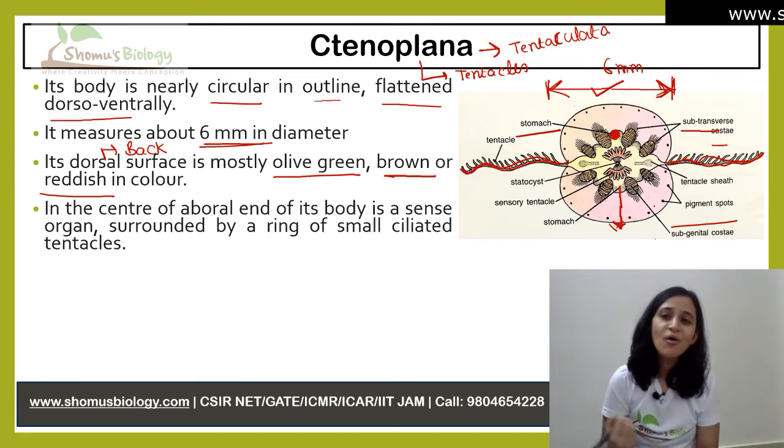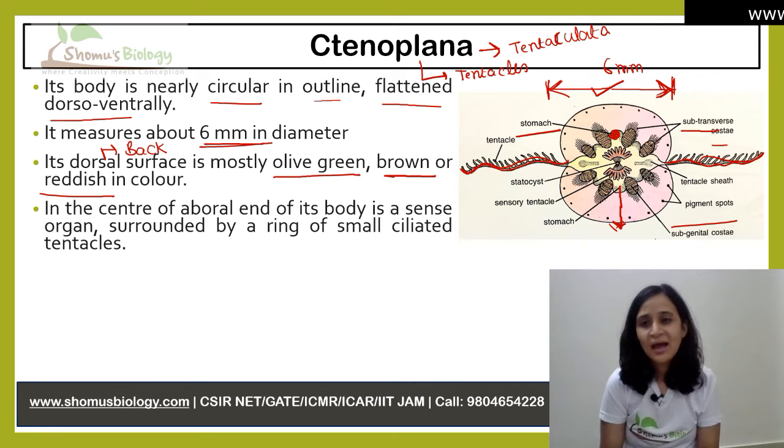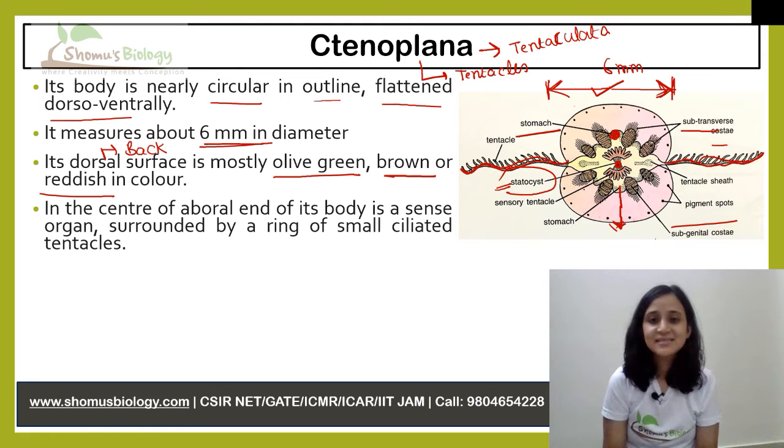The function of these costae is not very well known, and they have the statocyst or sense organ in the central part of the body. This statocyst is the organ that maintains the balance. It is the sensory organ. It is present in the center of the body, and this statocyst is covered by some small tentacles, right?